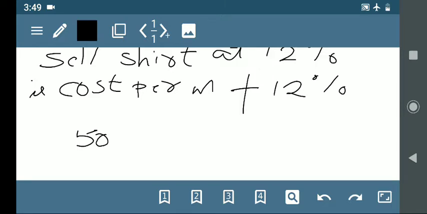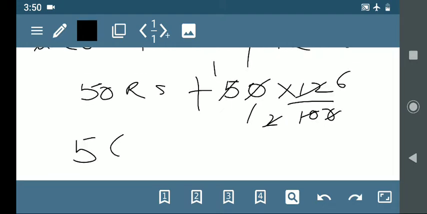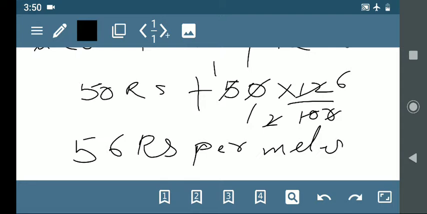Shirt is rupees 50, plus 12% profit, in the sense 12% of 50. 50 into 12 divided by 100. 0 0 cancel. 5 ones are 5, 5 twos are 10... so it is 6. So 50 plus 6, 56 rupees per meter.